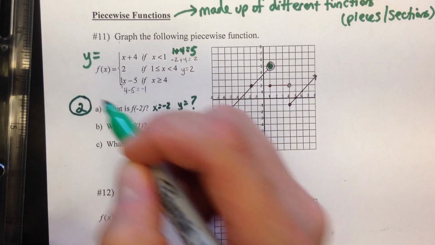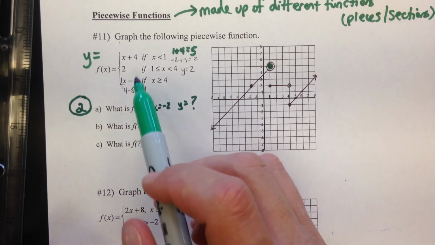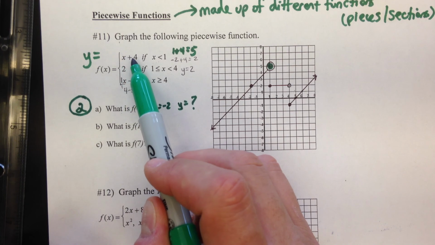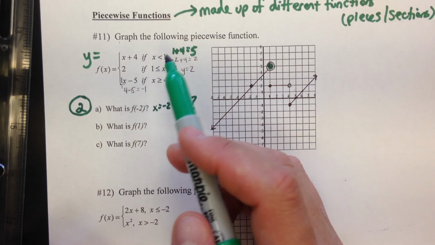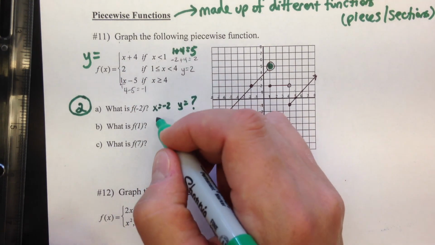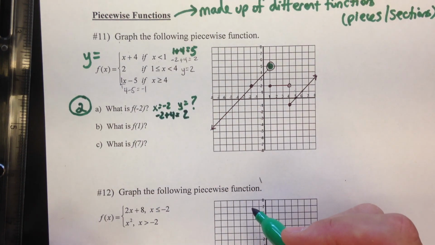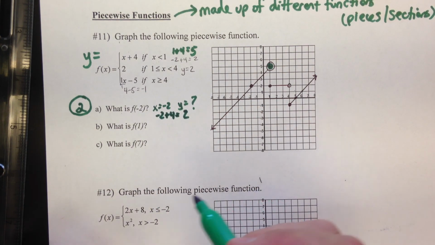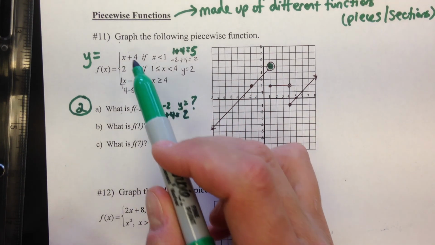There's my answer. But the other thing I could do is go to the function itself, which was x plus 4 for this piece. This was x plus 4, and I could put the -2 into that and do -2 plus 4, which gives me a y value of +2. Okay, so you've got options when you do this. You can do it visually, or you can do it algebraically.